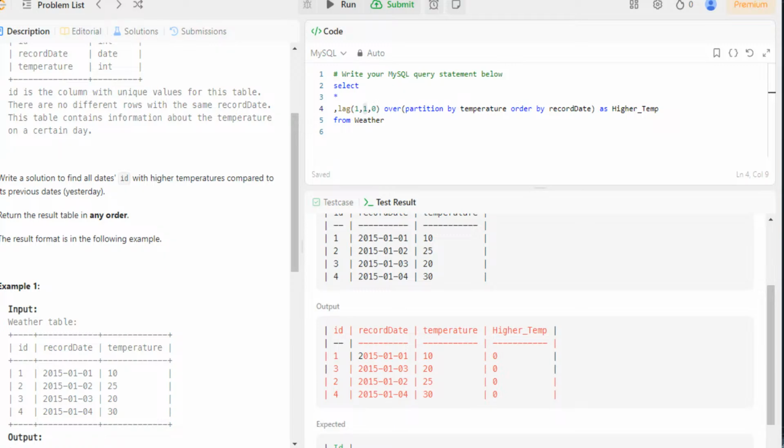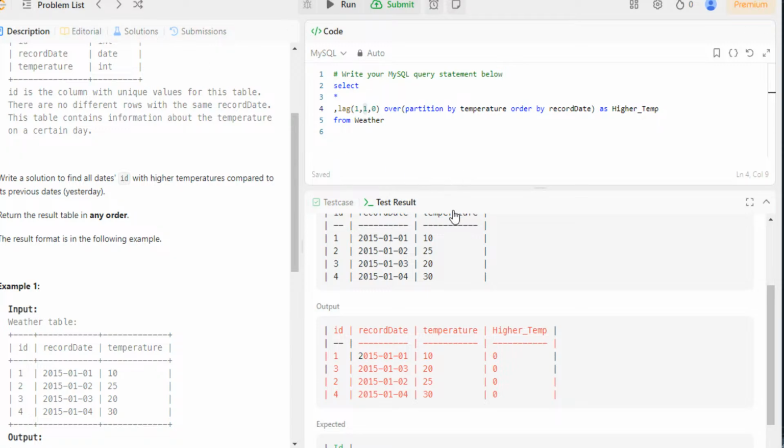Hang on. Let me look at something. Case when lag. Case when SQL lag. Lag SQL. Yeah. All right.